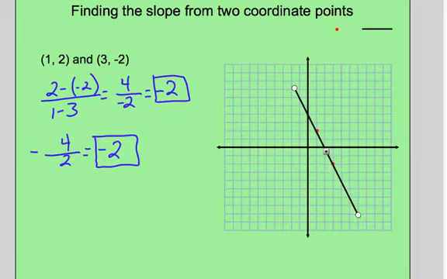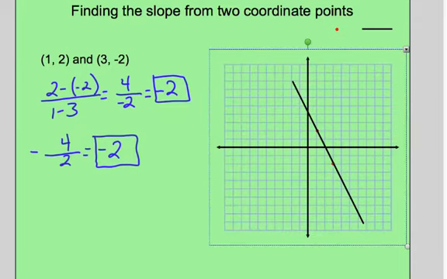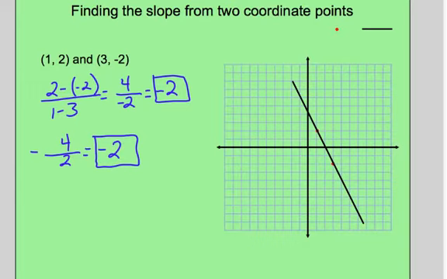And so draw our line in here. And then look at our rise and our run. Our rise is 4. And our run is 2. So a slope of 4 over 2, which is 2.